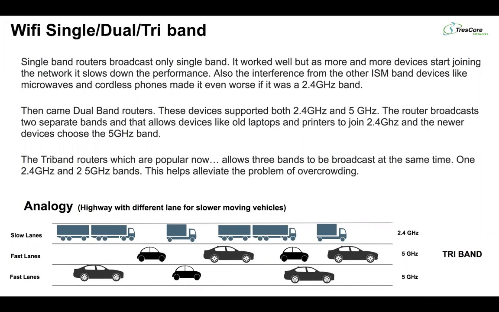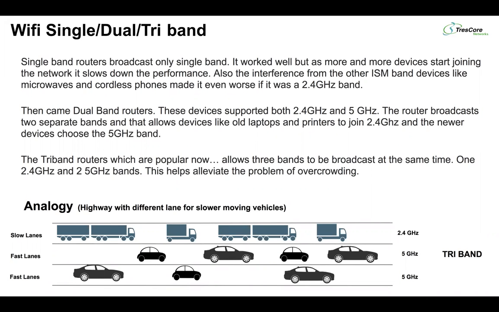For example, a 2.4 gigahertz router would be only 802.11b, and 802.11a would be only 5 gigahertz, right? But with newer standards, you have the option to have multiple bands. You can have a 2.4 gigahertz radio and also 5 gigahertz, both in the same box, right?